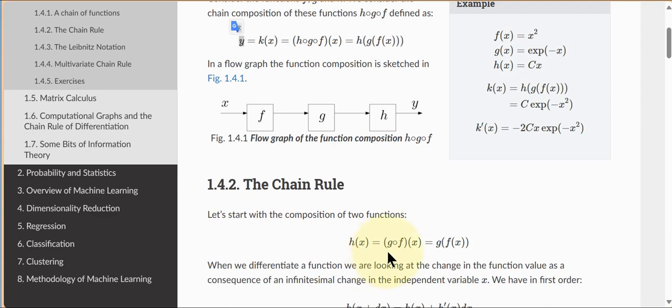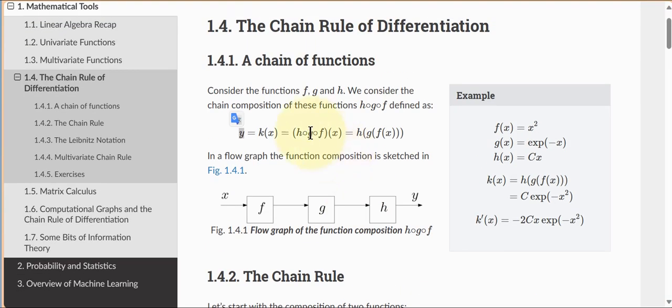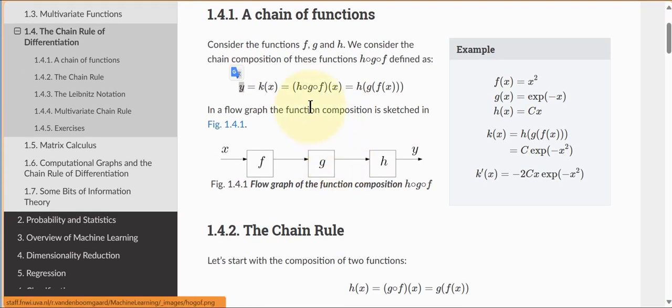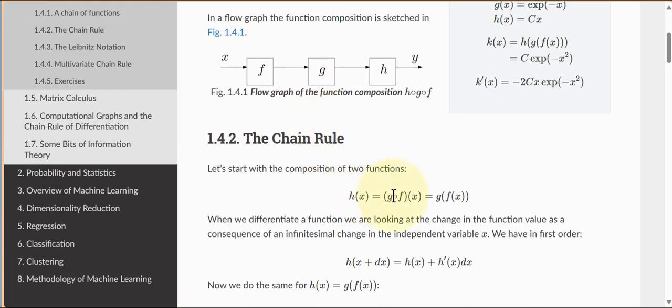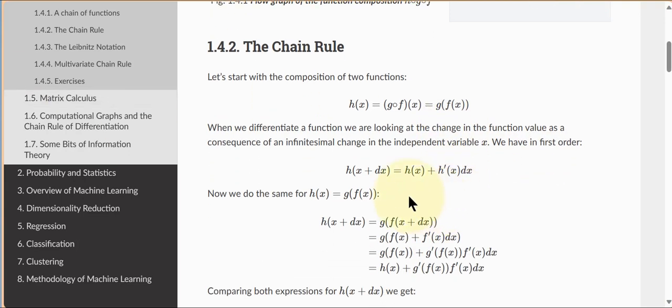And here's the chain rule. But this is just for when we have 2, not 3. We're doing 3 here, and it's a little strange to have started with 3. But anyway, they did that. But just for a composition of 2 functions, g and f, the chain rule tells us what the derivative will be.